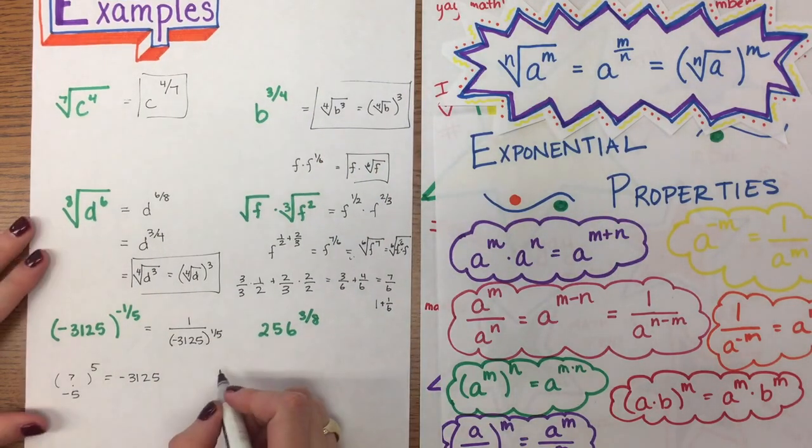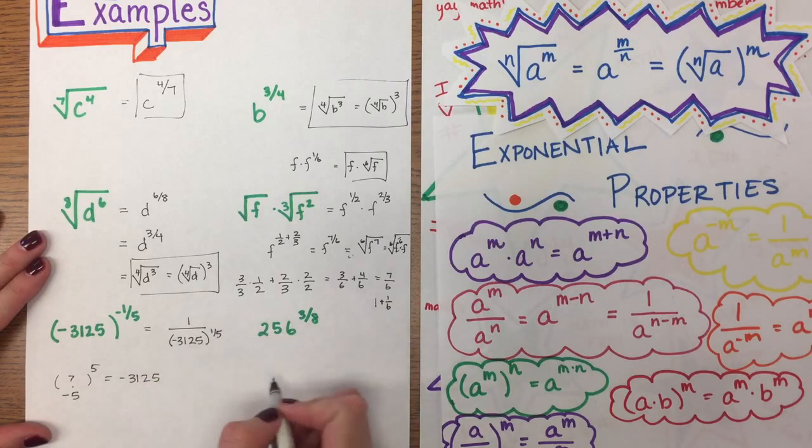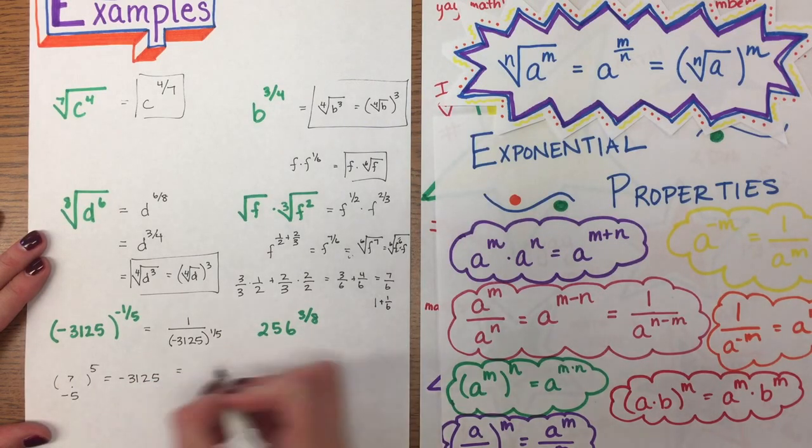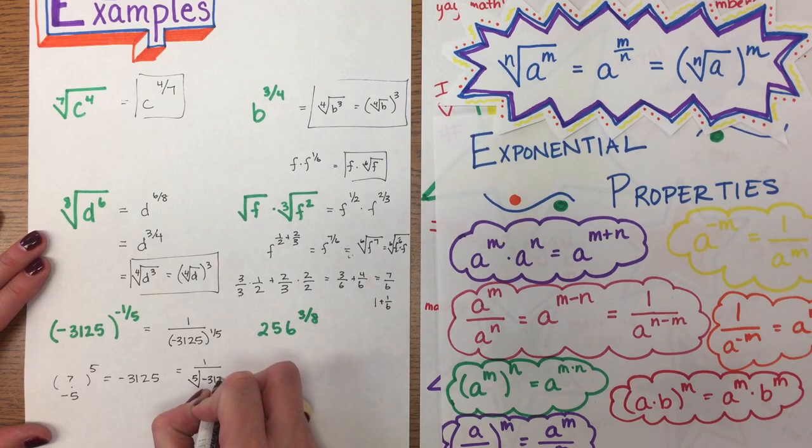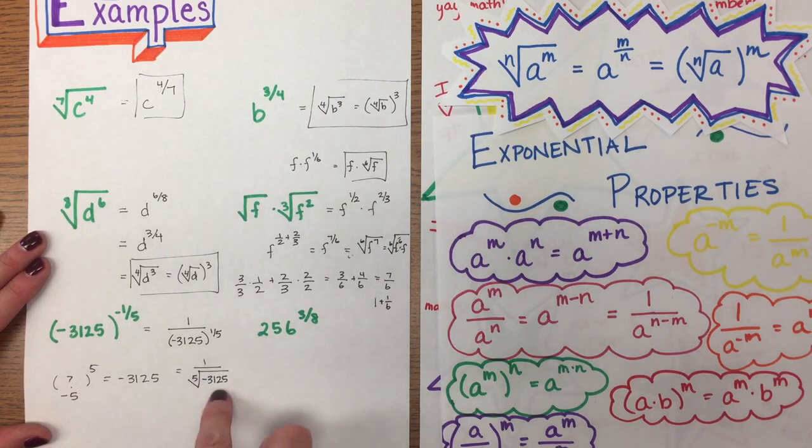So that means that I can replace this denominator here. I could rewrite this as 1 over the 5th root of negative 3,125. And negative 3,125 is negative 5 to the 5. If these are the same, they can go away, which would give me 1 over negative 5, or negative 1/5.